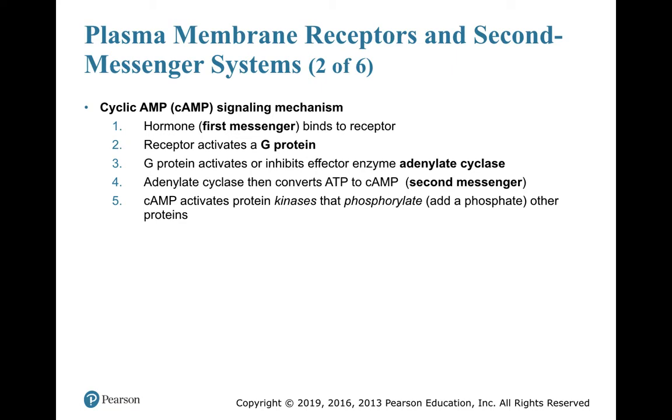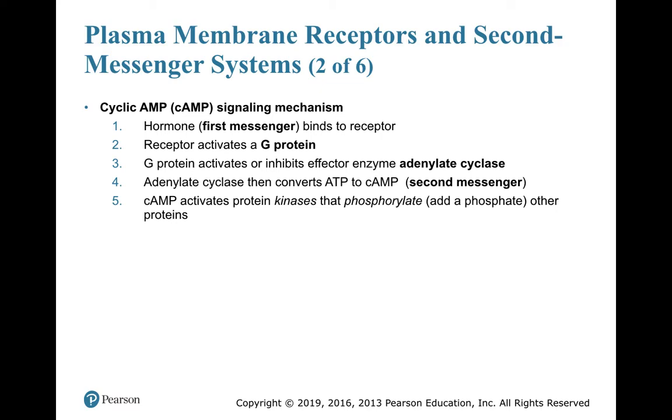One of the important ones is adenylate cyclase. Adenylate cyclase's job is to take ATP and turn it into AMP, so it removes two phosphates, and at the same time bends it into a circular structure. So we call that cyclic AMP, and that cyclic AMP is the second messenger. So one hormone is going to make big changes in the levels of cyclic AMP.